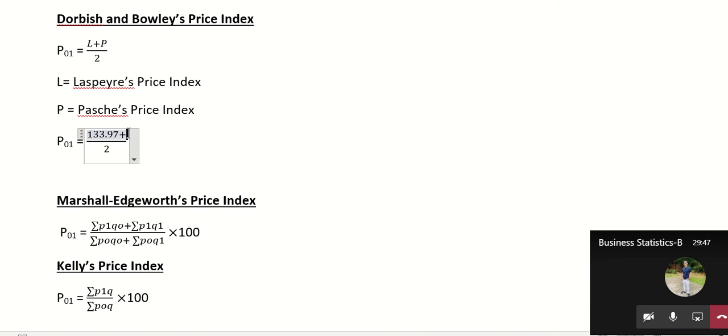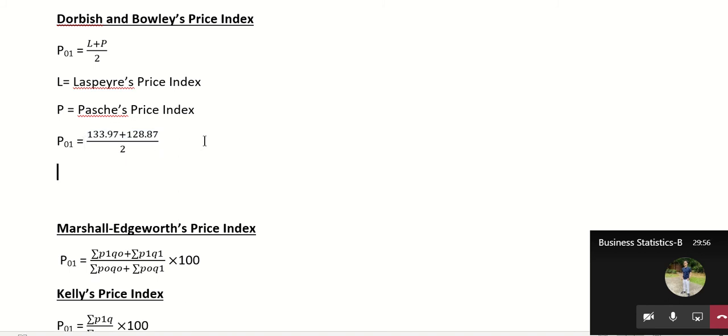Okay, so here it is 133.97 plus 128.87 divided by 2. So we will just solve it here. 131.42, right? So this is how we have calculated Drobisch and Bowley price index.